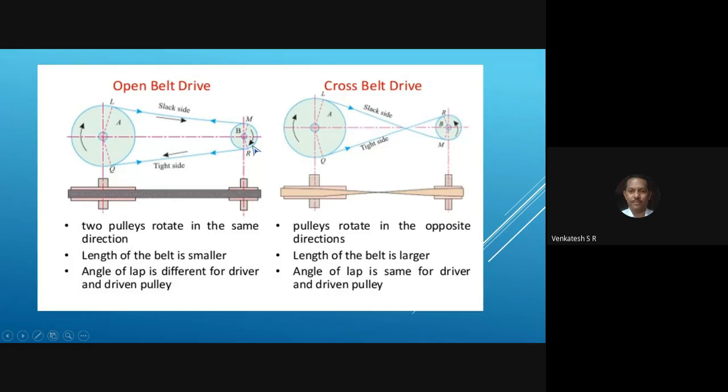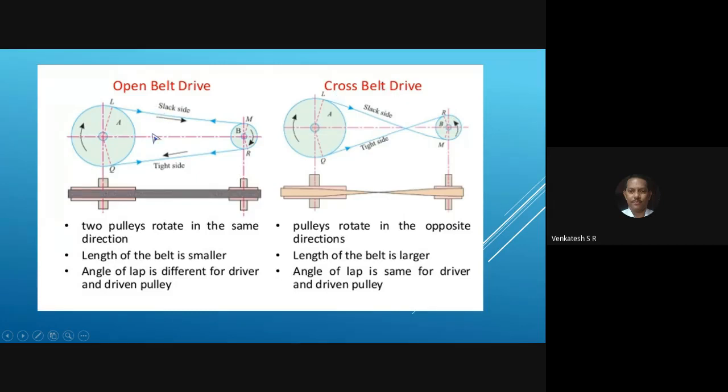But in case of cross belt drive, a clockwise driving pulley gives anti-clockwise rotation in the driven pulley. This is open belt drive and this is cross belt drive.